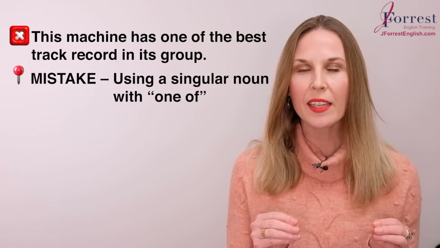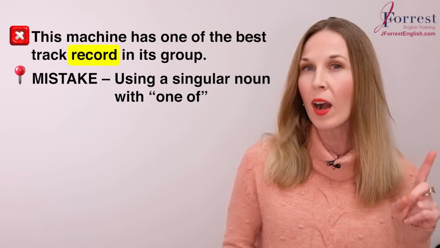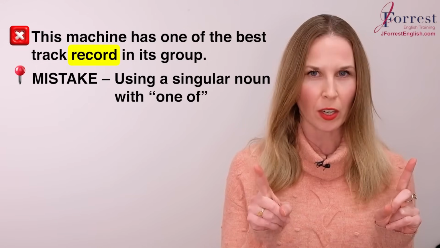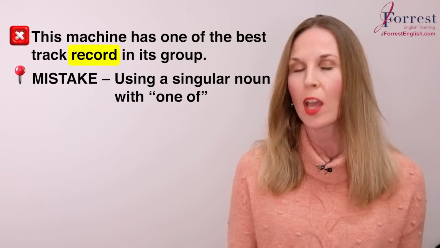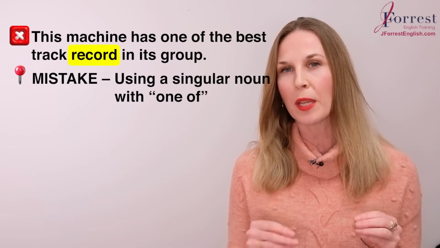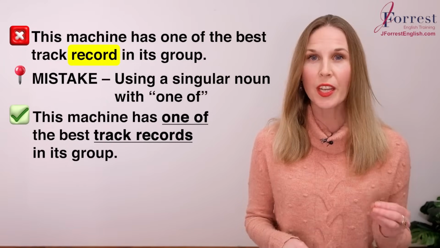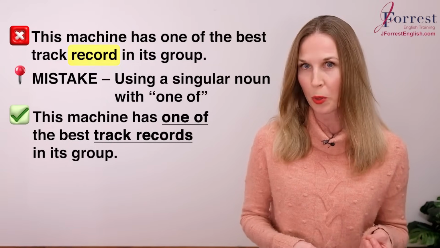The mistake is with track record. Now we have one of the best track record. So one of suggests that there's more than one. So the noun needs to be plural. The correct sentence is, this machine has one of the best track records in its group.